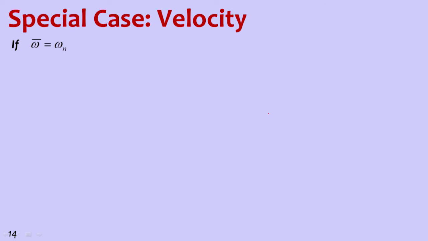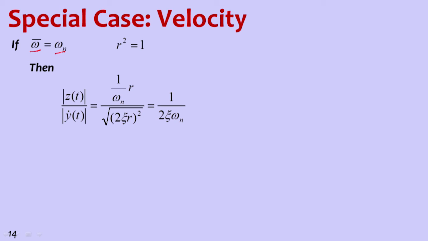And the third one is the velocity meter. When the forcing frequency and natural frequency are the same, then r square is equal to 1, or r is equal to 1. Then under the root, only the 2 zeta r term will remain, so 1 by omega n into r. We will be left with z is equal to 1 by 2 zeta omega n into y dot.